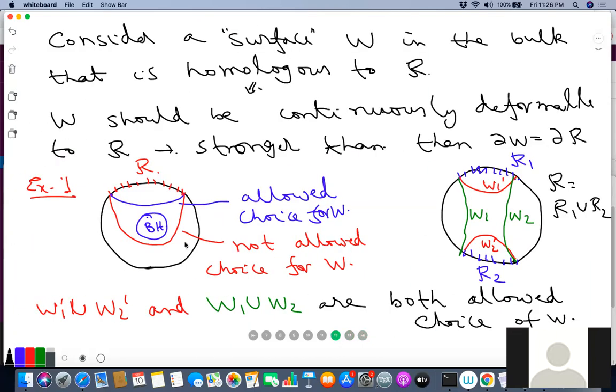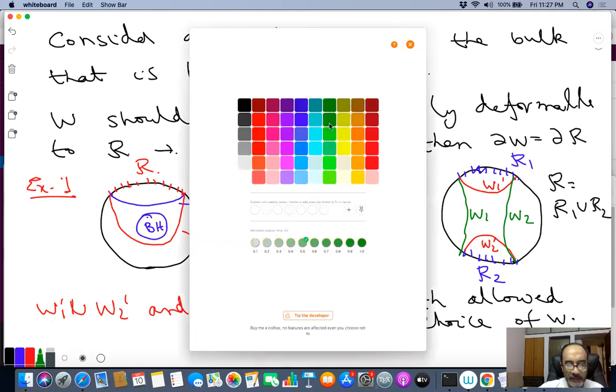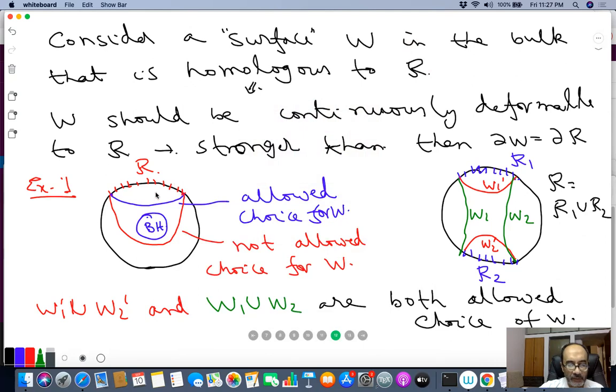So what did you say regarding the first example with the horizon? That this one is not allowed because it cannot be continuously deformed to R, right? But what we can do is deform to R, provided we leave out this black hole horizon. So you can deform it like this. So this surface can be deformed to a surface like this.